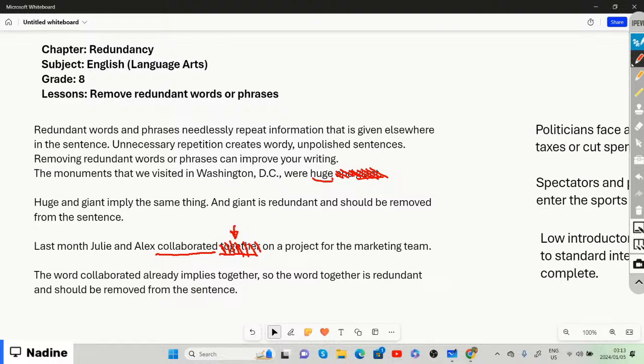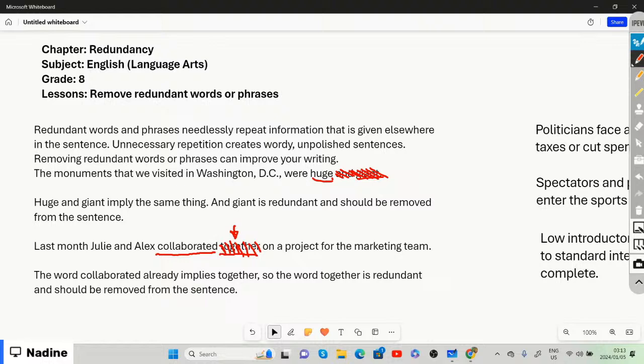Because if they say Julie and Alex collaborated on a project for the marketing team, then it means that they worked together on a project for the marketing team. That is why I'm saying that collaborated already implies together.